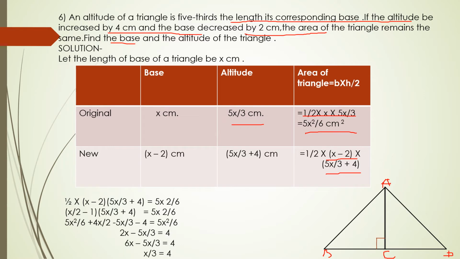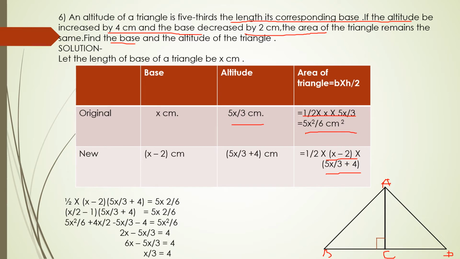Simplify. Simplify in the way that first you multiply by half to the one bracket only. And children, remember, if it is a problem of multiplication, you will multiply by one numeric to one bracket only. That is sufficient. It is not that you go to each and every bracket. So if you multiply by half to x minus 2, you will obtain x by 2 minus 1.